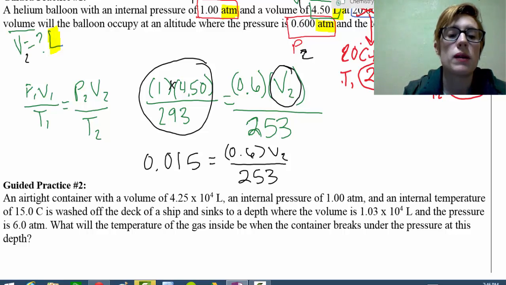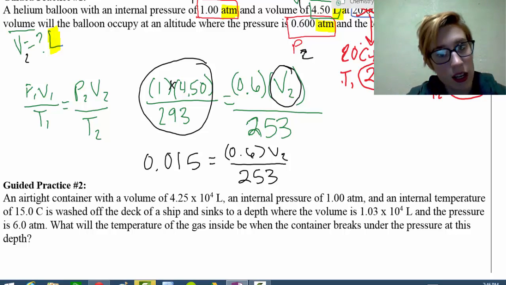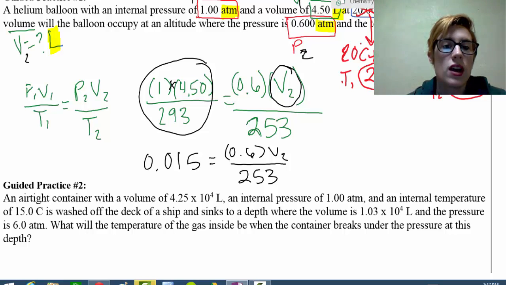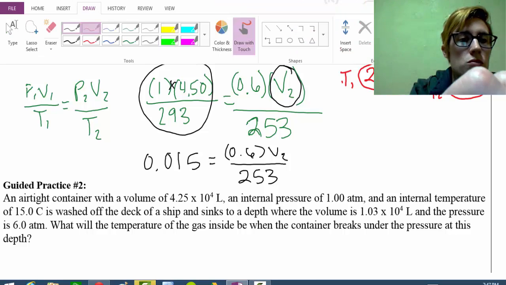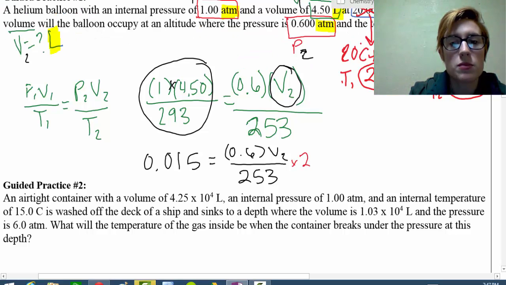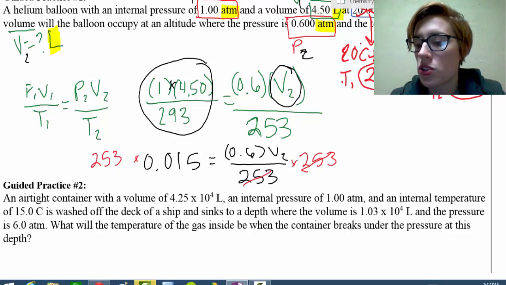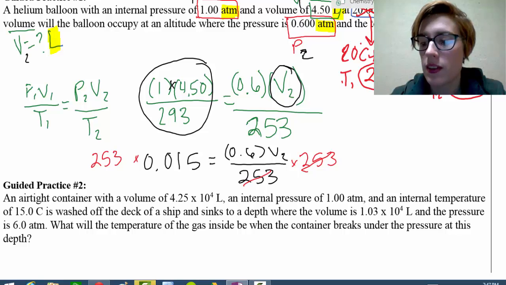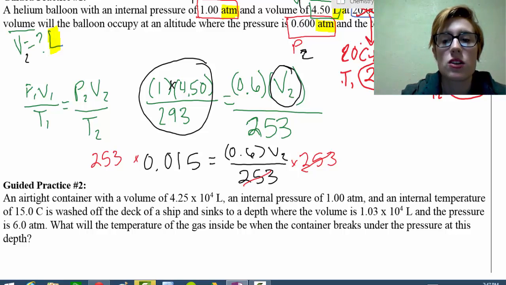So I want V2 by itself. That means I have to do two things. I need to get rid of the 0.6, and I also need to get rid of the 253. I can get rid of the 253 by just multiplying both sides by it. Now I'm going to do 253 times 0.015 because I want to simplify again. And here's what I get: 3.795 equals 0.6 V2.